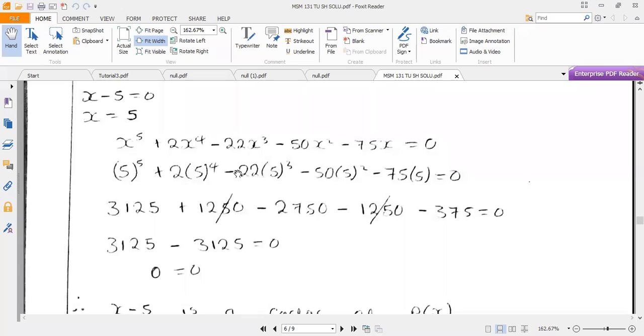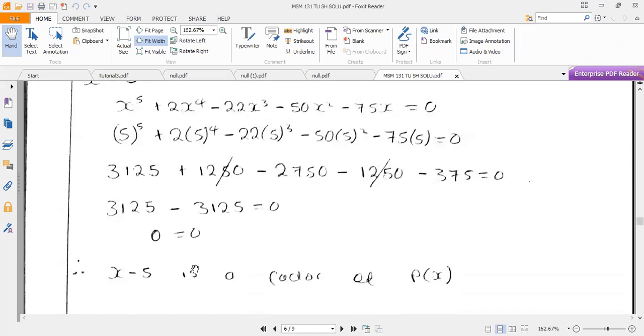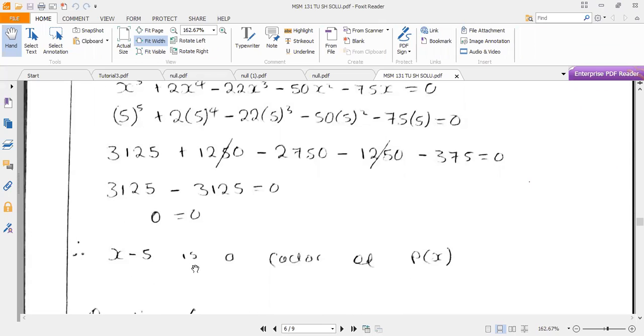Then 5 to the 3 times 22 is 2,750. 5 to the 2 times 50 is 1,250. Then 5 times 75 is 375. So after you do your mathematics there, you should be able to see that it will give you 0. So it shows that the remainder is 0. So x minus 5 is a factor of Px since the remainder is 0.